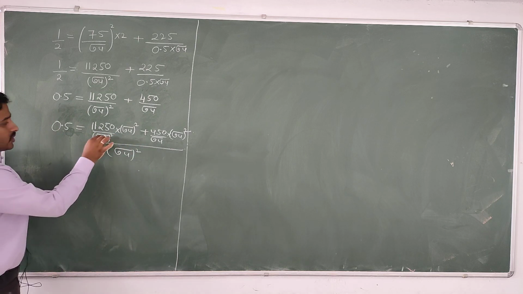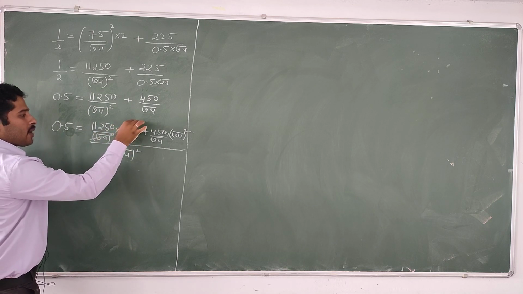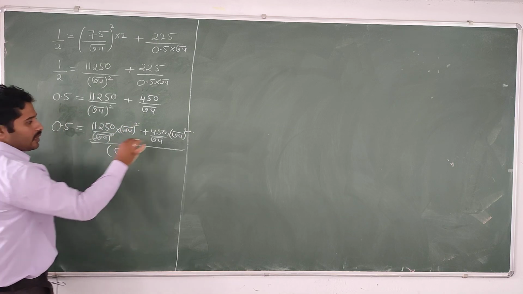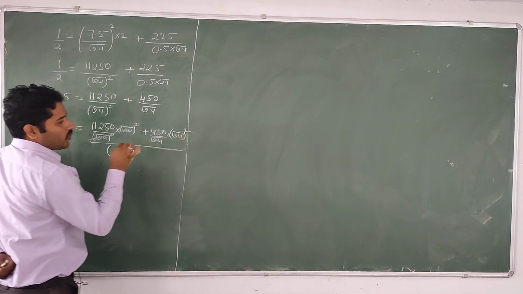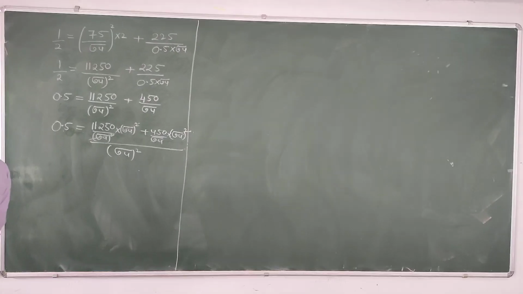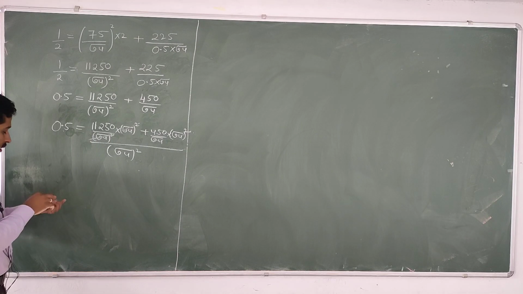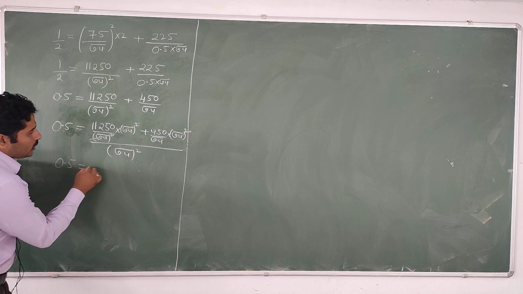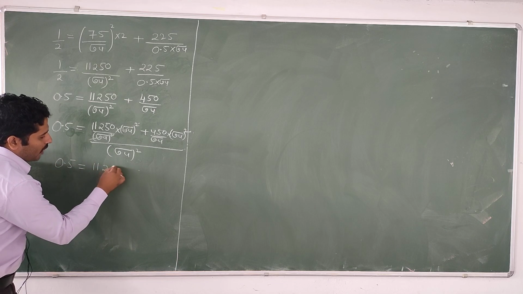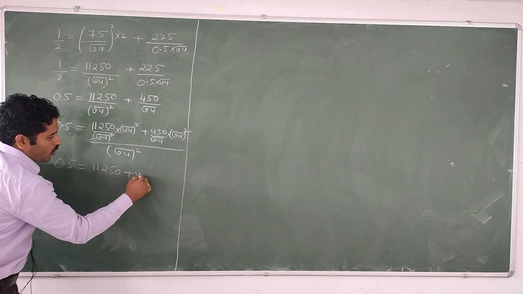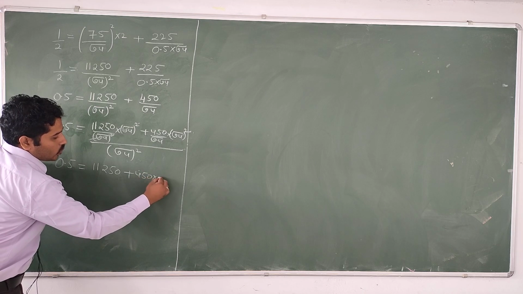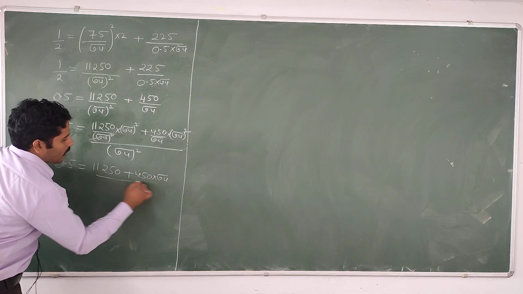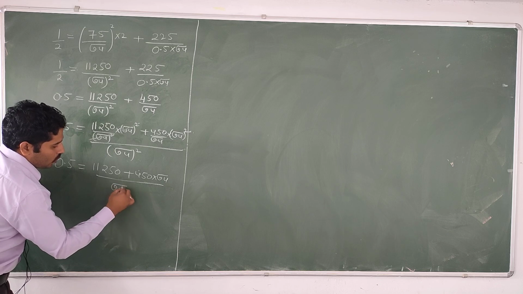Okay, then sigma u whole square cancels, sigma u and sigma u cancel, and the remaining is 1. Then we can represent 0.5 equal to 11250 plus 450 into sigma u, divided by sigma u whole square.